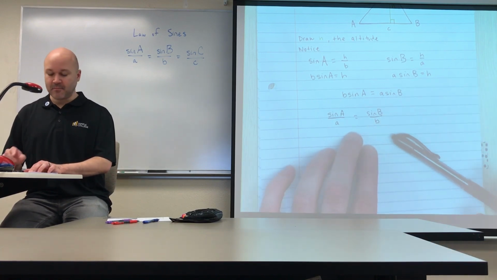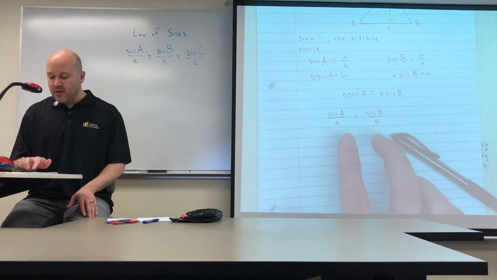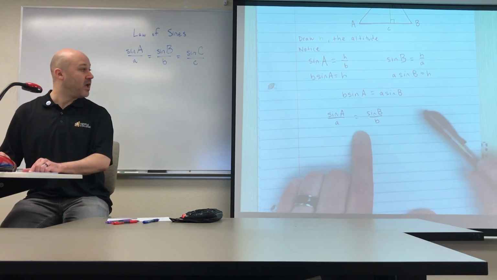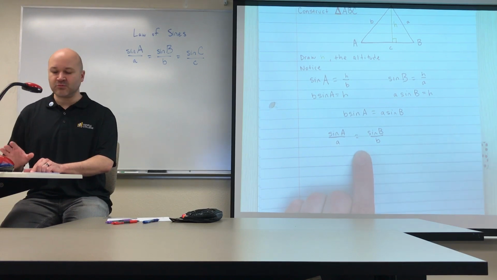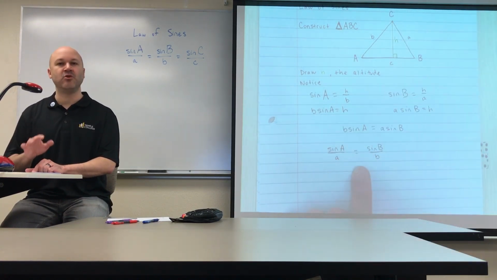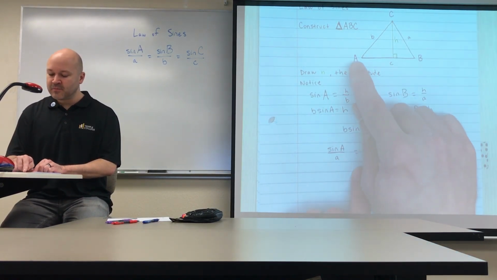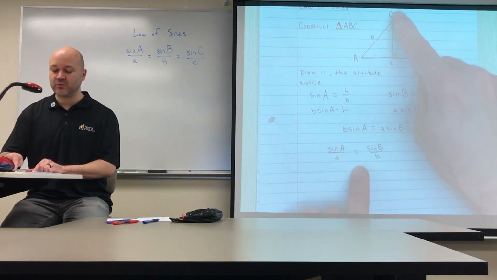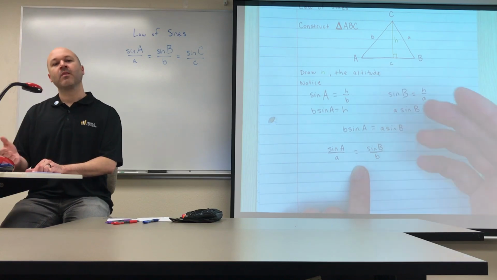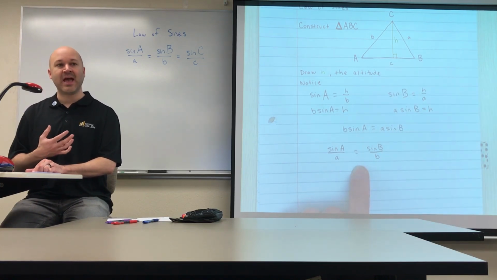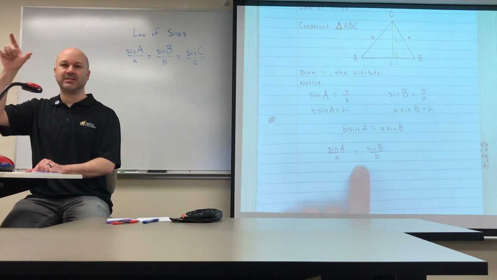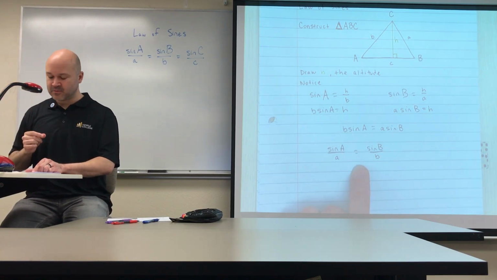I'm not quite done yet, but before I continue, this is extremely powerful. I started off with just a random triangle ABC with no right angles. And before today, I didn't know how to relate these angles with those side lengths. Up until now in trigonometry, I needed a right angle in order to relate opposites and adjacents and certain angles.